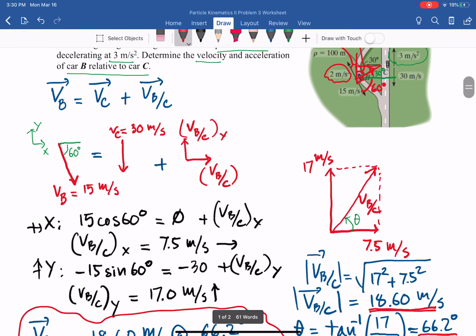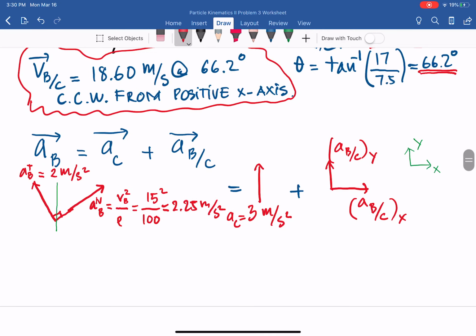So from that, we have the angle here, 30 degrees, and because of the right angle, that is 60 degrees. With that, we have the direction and magnitude of each component except the x and y components of the relative acceleration of B relative to C. Then we just break it down into x and y components. Let's do the positive x axis first.